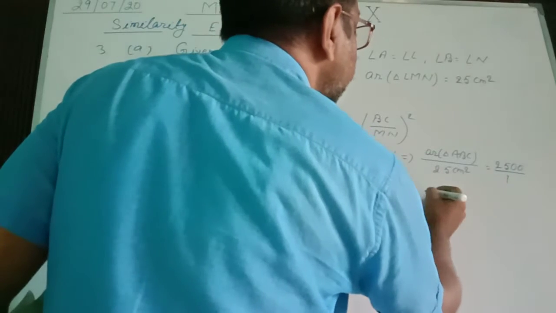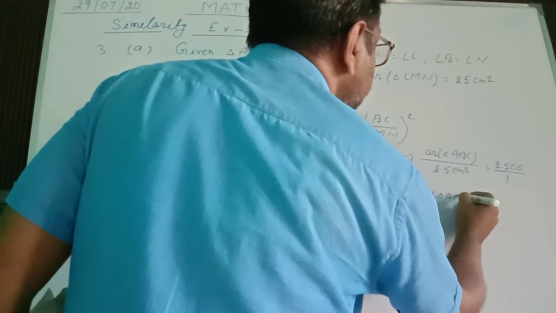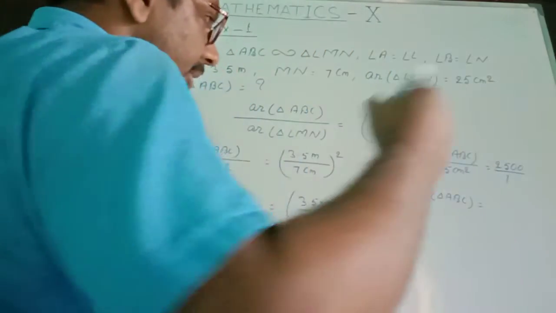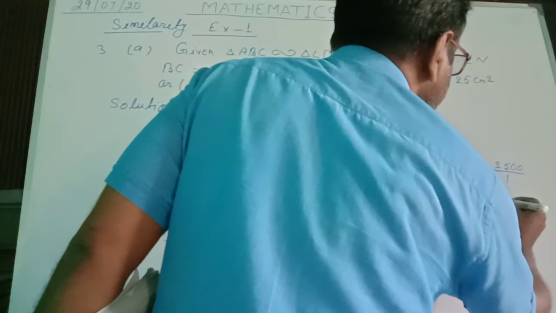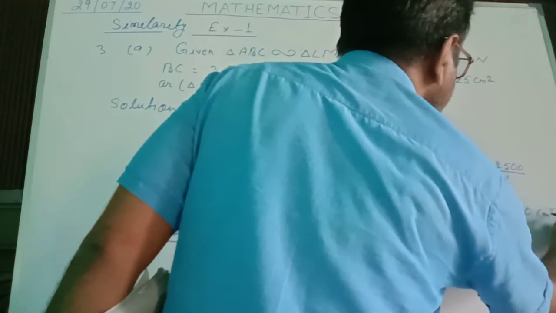So cross multiplication, area of triangle ABC into 1, that is area of triangle ABC equal to 25 into 25, that became 625 and double zero, this much centimeter square.